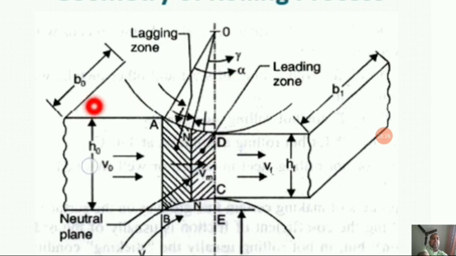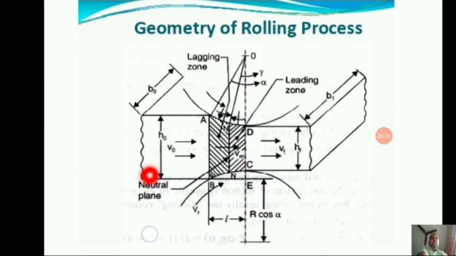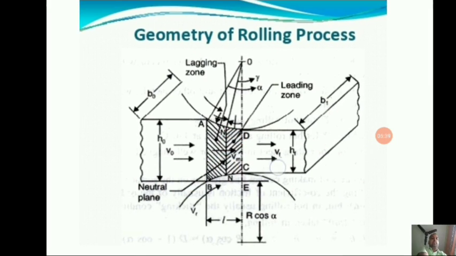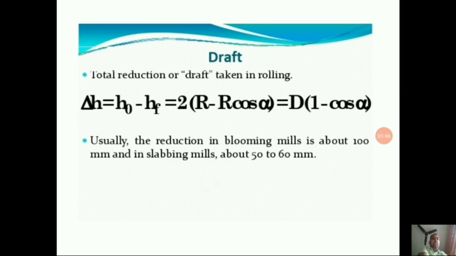Previously the width was V0, now it is V1, as you can see over here. Now, the neutral plane, you have seen over here, this is the neutral plane. Now, this is the lagging zone and this is the leading zone. So, this is the geometry of the rolling process.